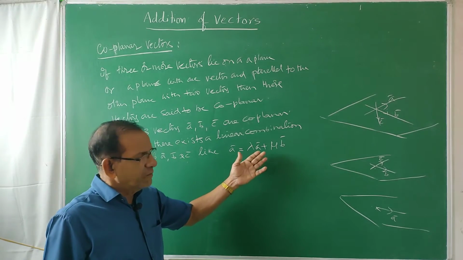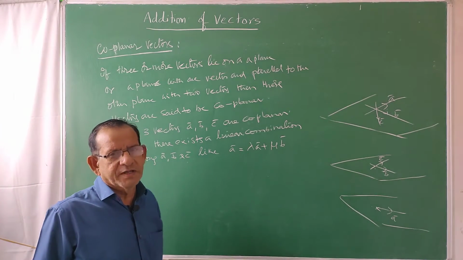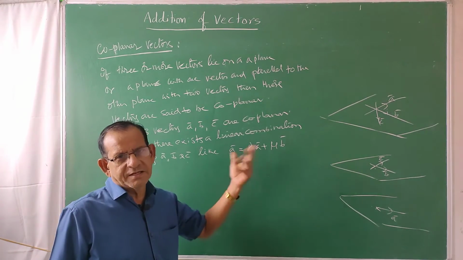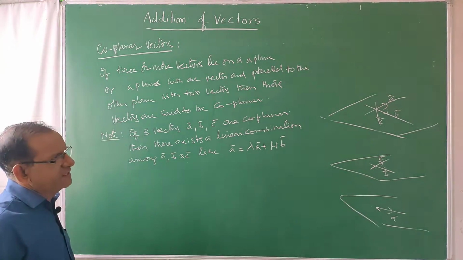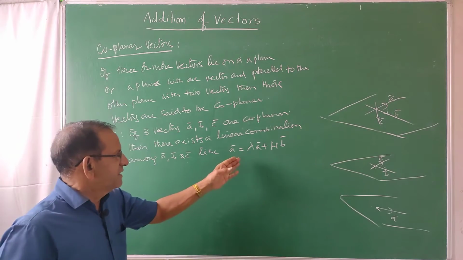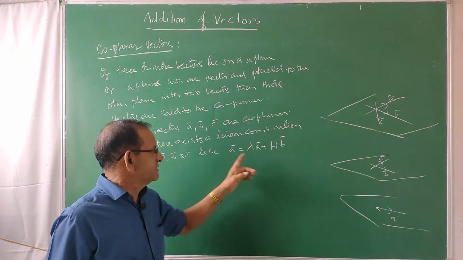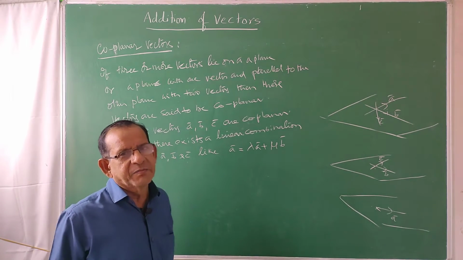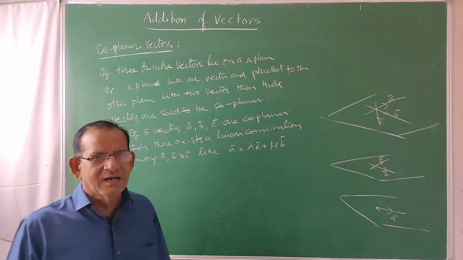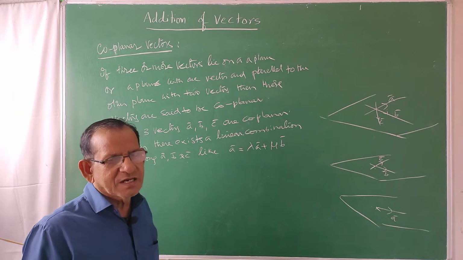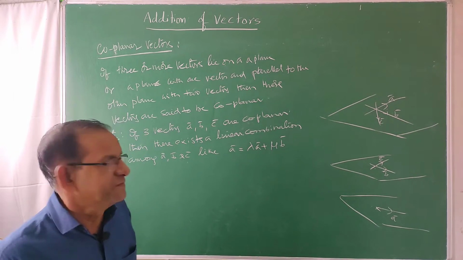If a combination exists like this, then they are coplanar. If they are coplanar, there exists a linear combination like this. Then if three vectors are on the same plane, a linear combination exists like this, and these three vectors are linearly dependent. If it does not exist, then we say that they are linearly independent. That means they are not coplanar also.